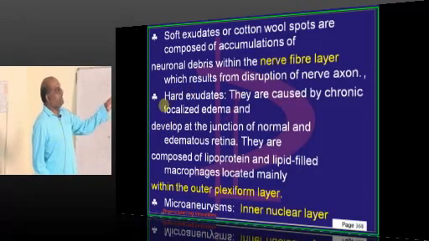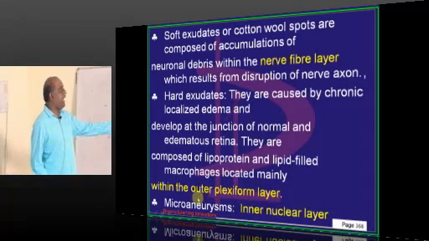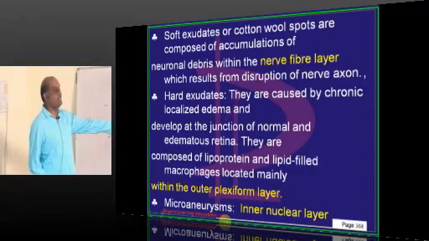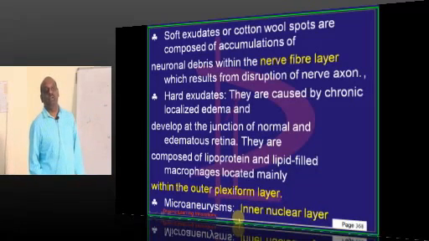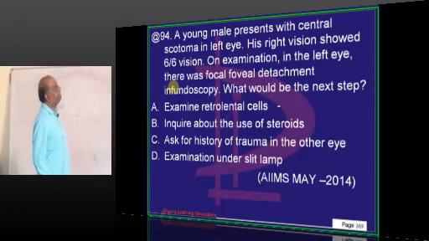Then another question that will come is hard exudates. Where will you basically find? It is the outer plexiform layer where hard exudates are found. One more question in the future entrance is microaneurysms, where are they found? Inner nuclear layer is the place where microaneurysms are found, is what you need to remember.